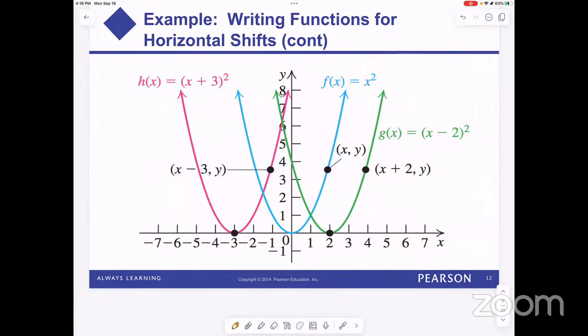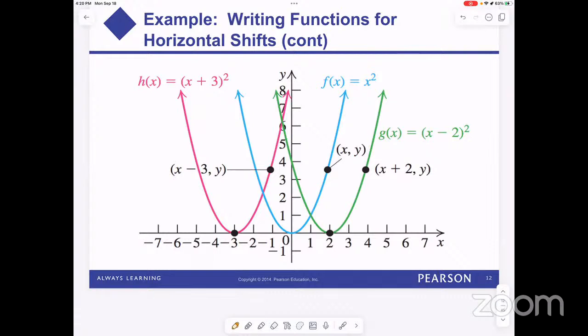Notice that with g, when we subtracted 2 on the inside, intuitively we might think, oh, there's a minus 2, so we move it to the left by 2, but in reality it's the reverse. So subtracting 2 on the inside moved it to the right by 2. Adding 3 on the inside moved it to the left by 3.